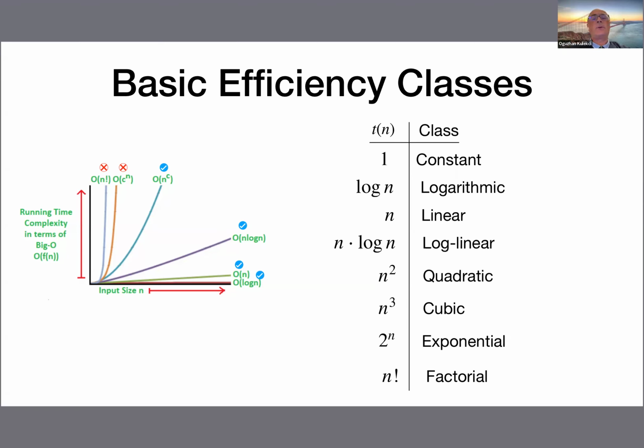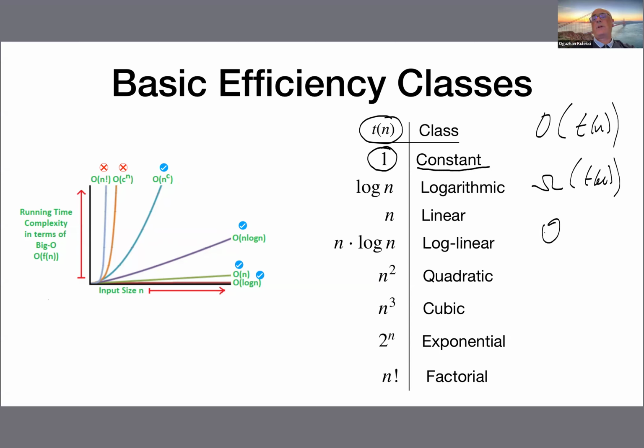If the function is something constant, we say that this is a constant time or constant space algorithm. So assume that this T(n) is either in big O, big omega, or big theta notation, doesn't matter, one of them.